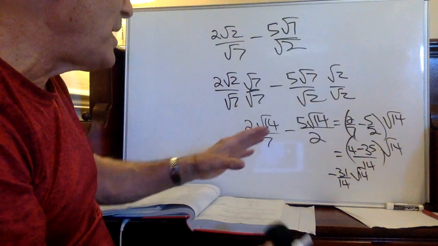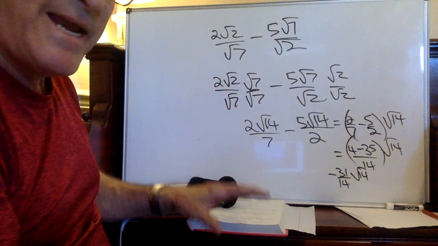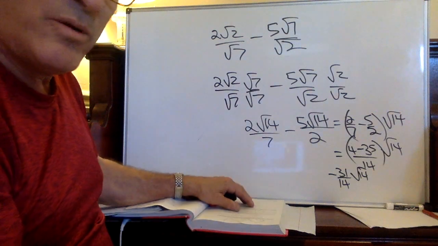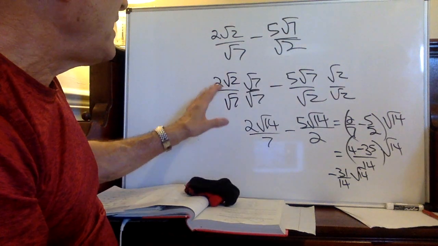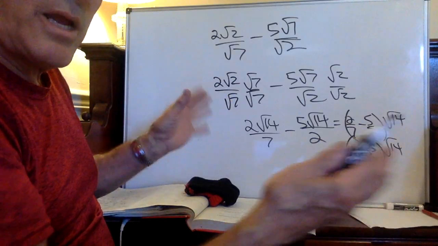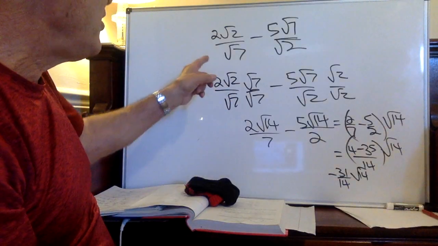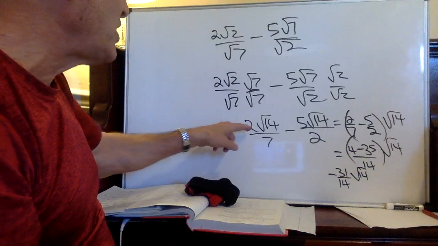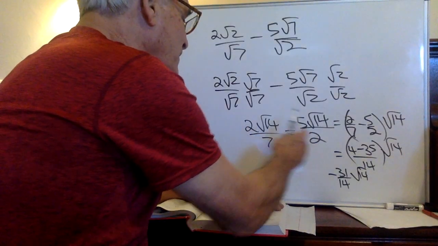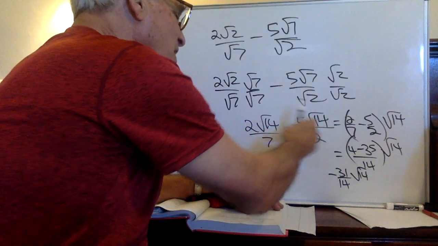So you can only combine radicals if they have the same radicand, same number under the radical. And in that first one I gave you, you were stuck at the end of just simplifying. Here I can rationalize, and when I rationalize, I get the difference of 2 radicals that have the same radicand.